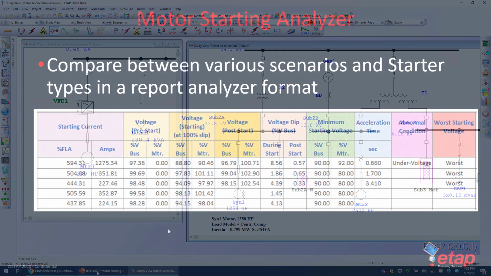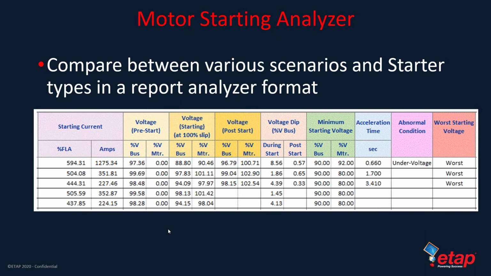So having multiple of these, we can quickly automate and run as batch and quickly compare between the different motor starters. Now that we understand how to perform multiple scenarios using multiple starters or a variety of different operating configurations, the ability to analyze and compare between the various scenarios and starter types in a report analyzer format becomes extremely important.